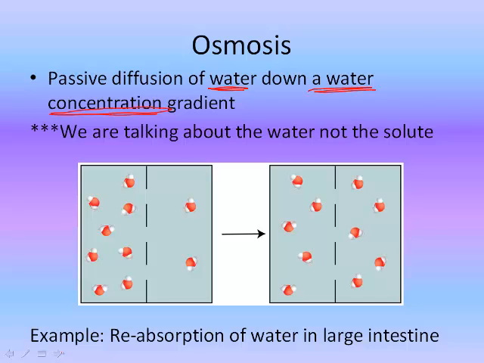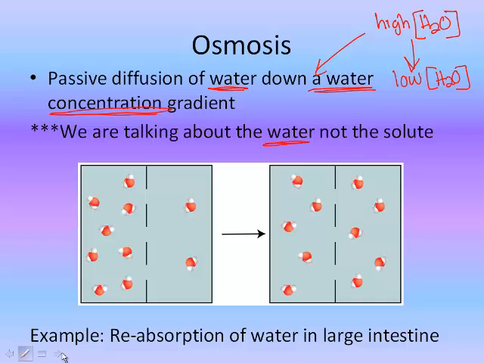So not to be confused with what we were talking about before, with a water concentration gradient we are talking about water, not the solute. So passive diffusion of water down a water concentration gradient would be from a high water concentration, that's what the brackets mean, to a low water concentration.